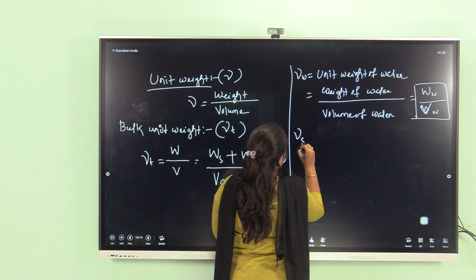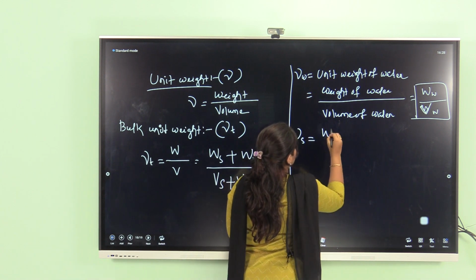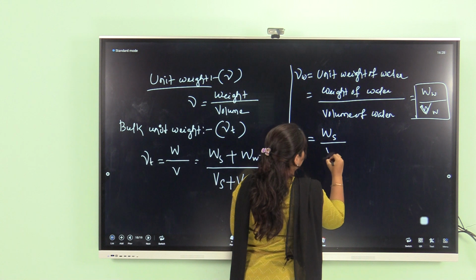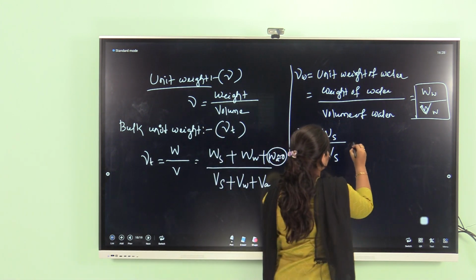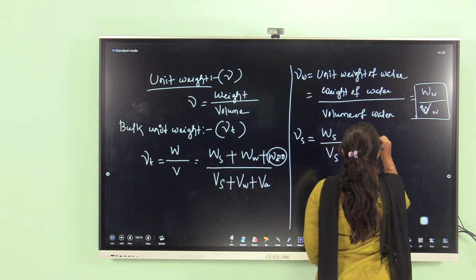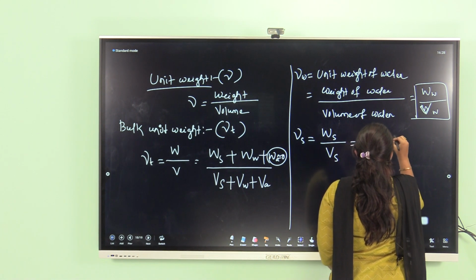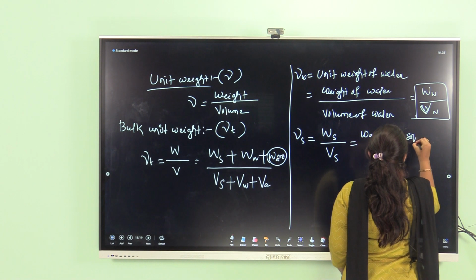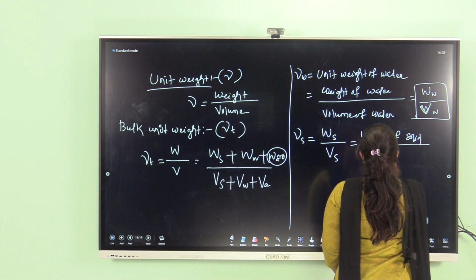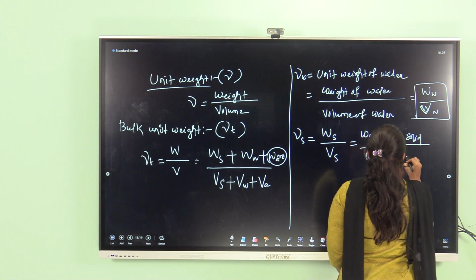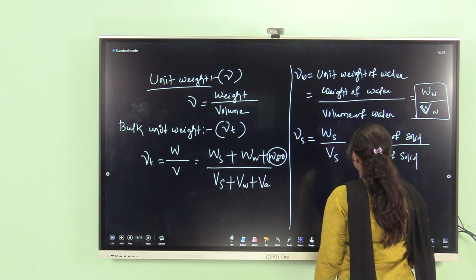Likewise, gamma s equals to Ws upon Vs, weight of solid upon volume of solid. Okay.